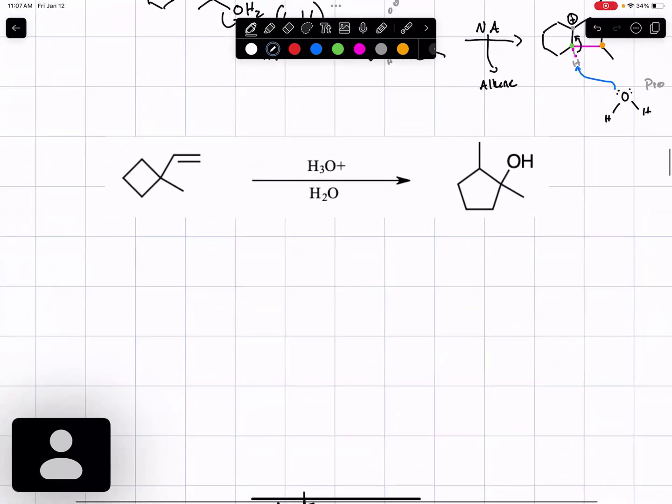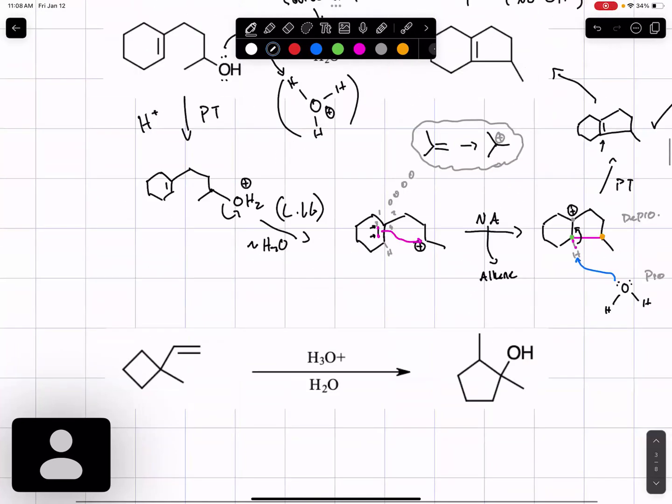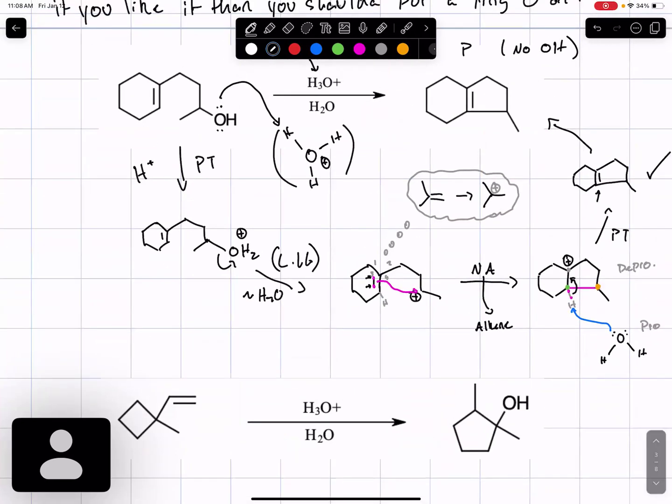Now, one more. You see, I didn't want a 4-carbon ring. I wanted a 5-carbon ring, you know, because I really like mechanisms. What am I doing here? Okay, so notice the difference between the first mechanism and the second mechanism. The first mechanism, we got rid of water, right?